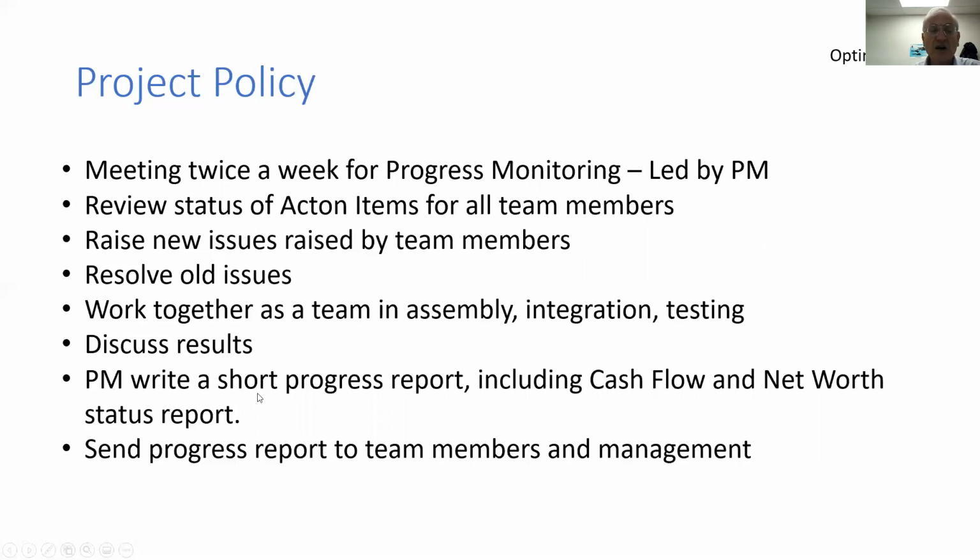The project manager writes a short progress report, including cash flow and net worth: how much money you have in cash that's collected from the team members, and what kind of balance you have in cash as far as the material that you purchased. And then you send a progress report to the team members and the management, which happens to be the instructor. And in this course, it's myself.